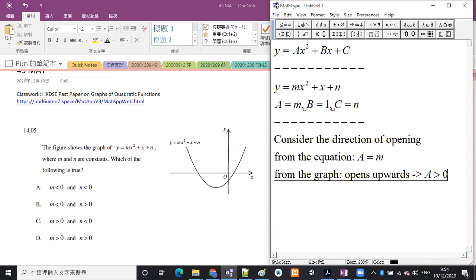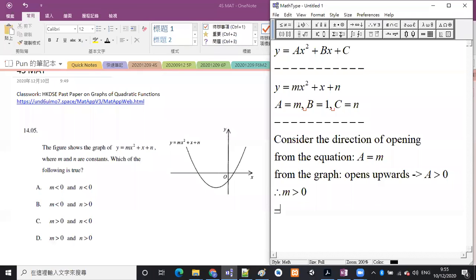When we compare the information from the graph and the equation, A larger than 0 and A is equal to m, then we can say that m should be larger than 0. So option A and option B are not correct, and we can eliminate option A and option B.